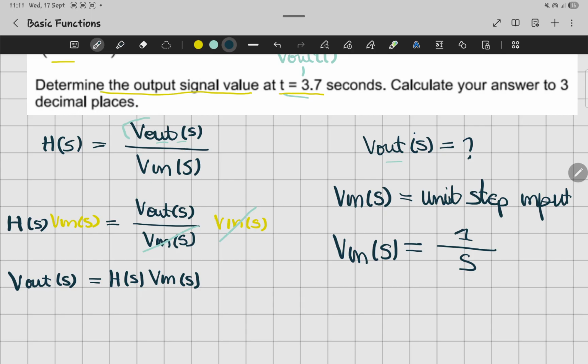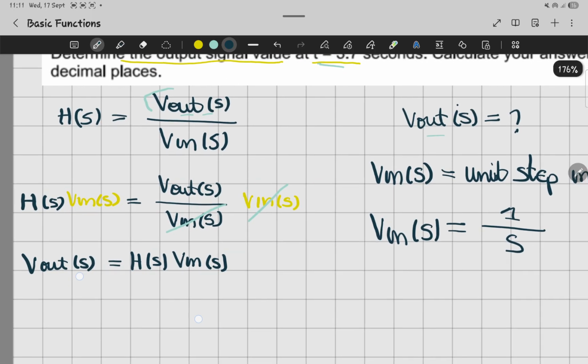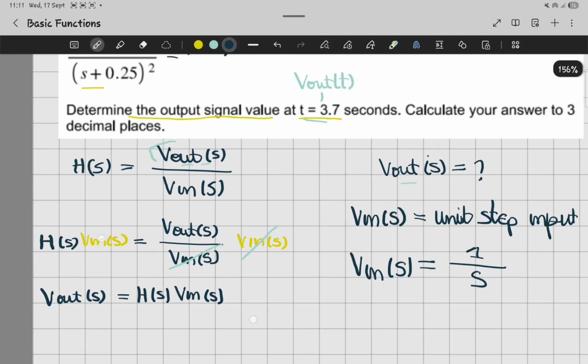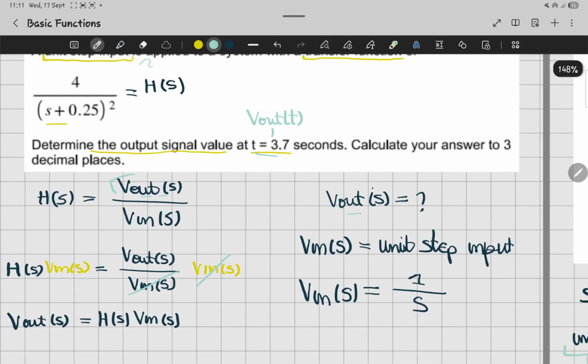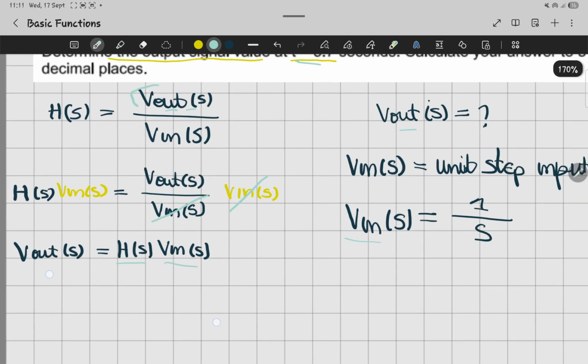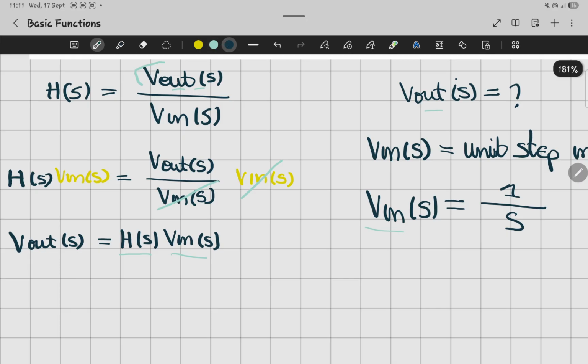Now that I have this formula, I already know what H of S is and what V in is.